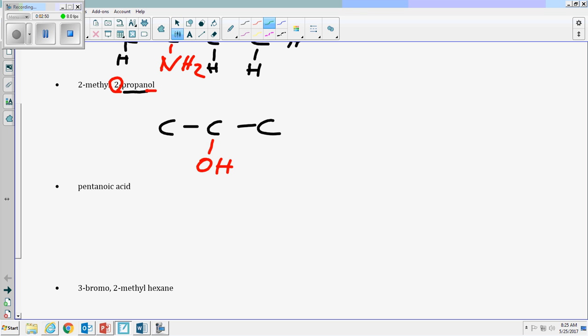And then you have a 2-methyl. So on that same second carbon, we also have a methyl group, which is the C with the corresponding number of hydrogens, so CH3. That means the middle carbon already has 4 bonds, and therefore doesn't get any hydrogens anymore, and the other 2 carbons have their respective number of hydrogens to fill up the remaining bonds.